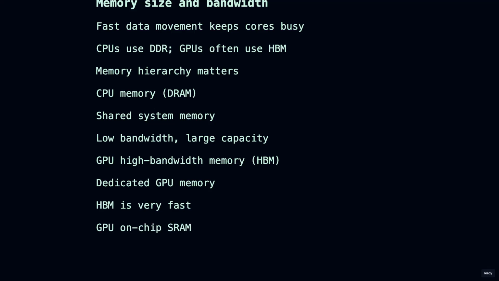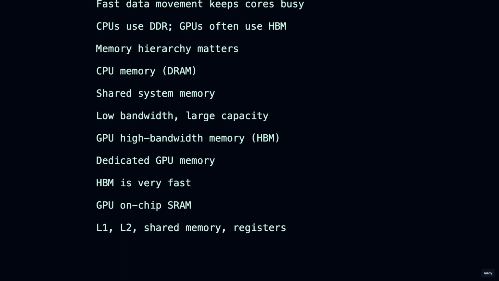The fastest memory is on the chip itself. This tiny memory is used for data and instructions that the cores need almost immediately. Caches, register files, and shared memory all live very close to the compute units.